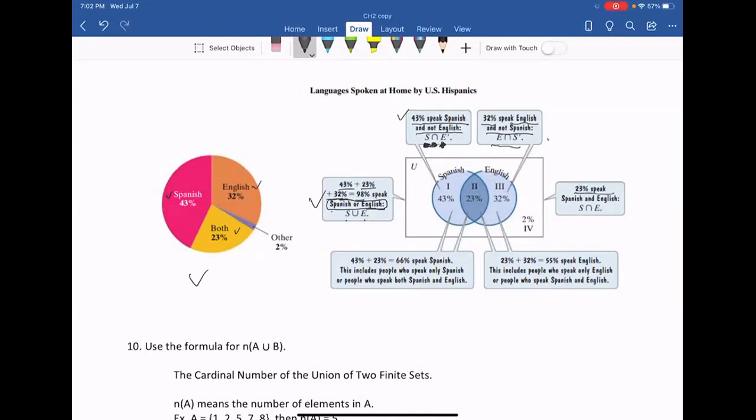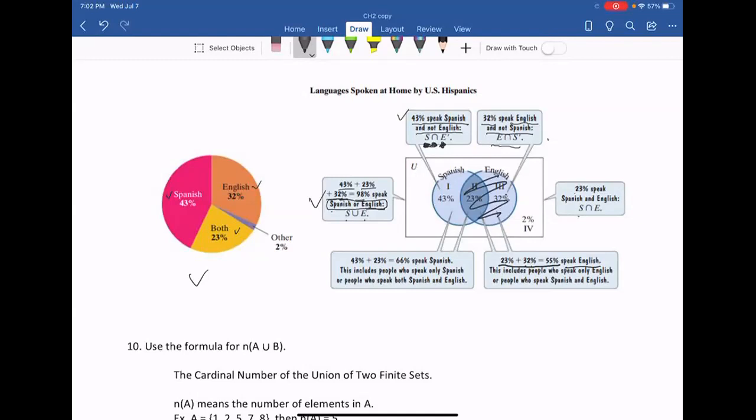Let's move on to the next place. 23% speak Spanish and English. That means the intersection here, S intersect E. Okay, here, 23% plus 32% equals 55% speak English. So this is region 2 and 3 who speak English.